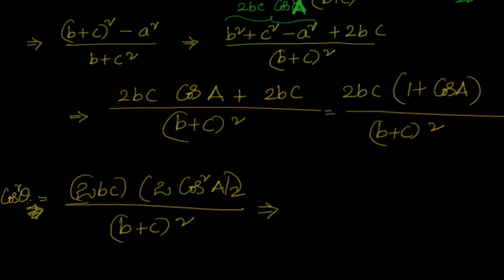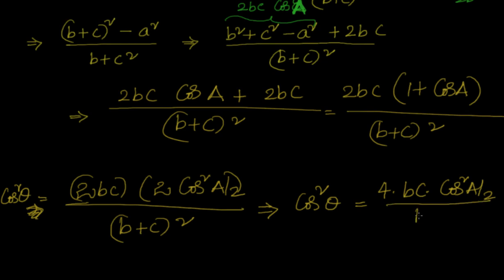Let me do that again, one more step. Cos square theta equals 4 into bc into cos square a by 2 by b plus c whole square.